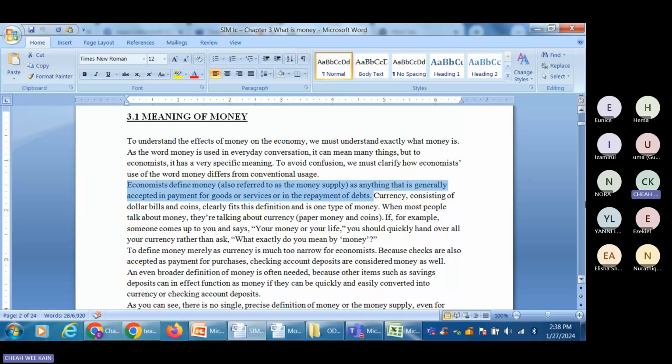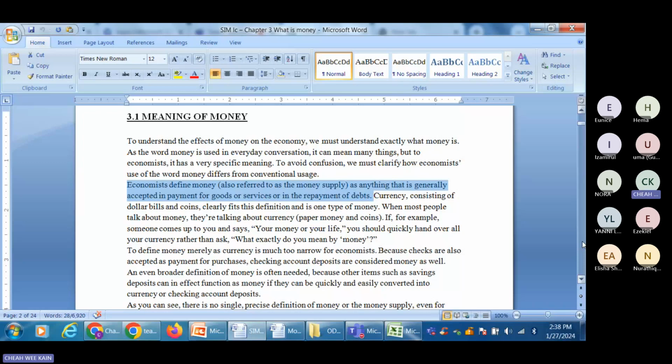And money can be stored, because that $1 in the wallet, you can spend now or you can spend tomorrow. So you can store it around. So basically, that's what is meant by money. Now, if you want to be very specific, the paper that you have is called currency. The notes and the coins, we call them currency.